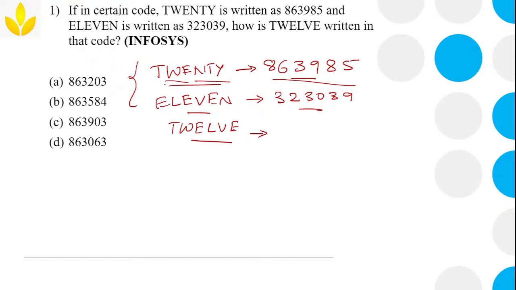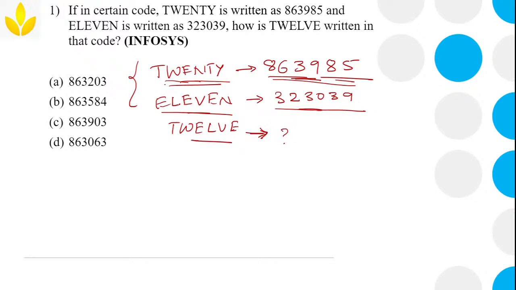So there are 6 digits here, and I have coded 6 letters with 6 digits. Here again, 6 letters with 6 digits. Similarly, how are you going to code 12?